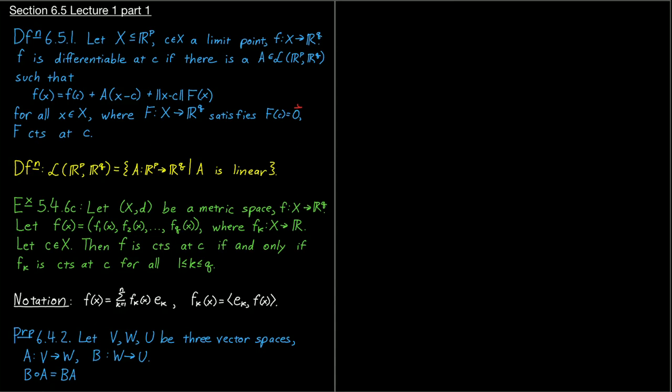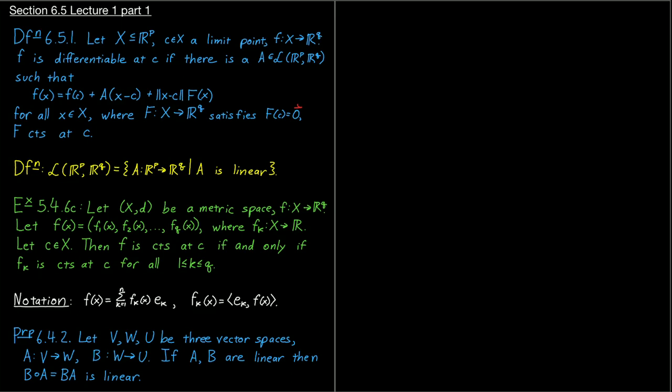We have that if A and B are linear, then BA is also linear.